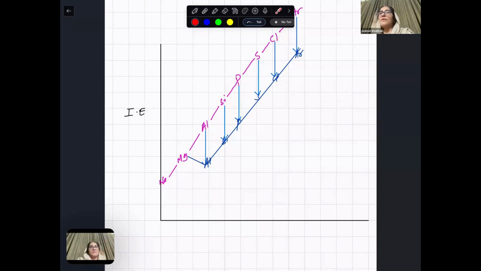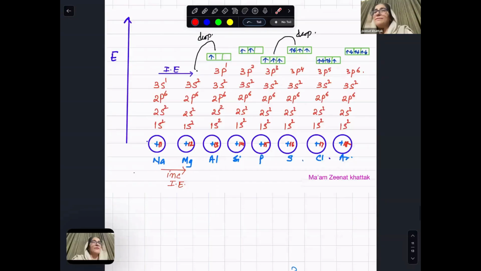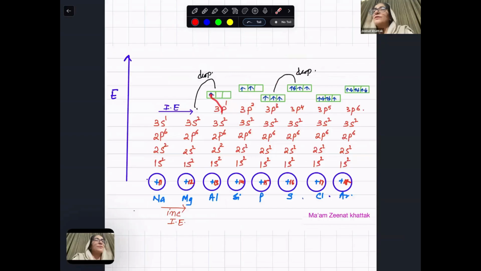Now, another thing, they all lowered. Now again, this is P1, this is P2, this is P3, and this is P4. Proton increase, proton increase, proton increase. But the electrons are paired up in one orbital, not all. In one orbital, the electrons are paired up. When they are paired up, they are repelling each other.